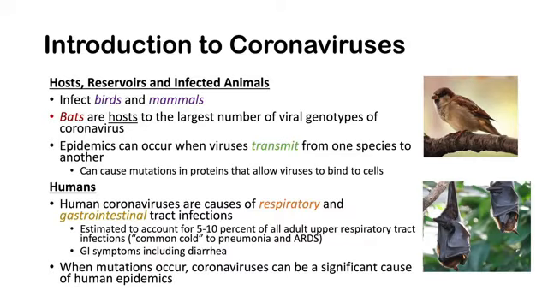As we mentioned before, a lot of times these mutations can occur when the virus is transmitted from one species to another, or an entirely new coronavirus can be developed through these mutations. And we have seen several instances in the recent past where there has been transmission from one species to another, leading to a new virus and a new outbreak of coronavirus.